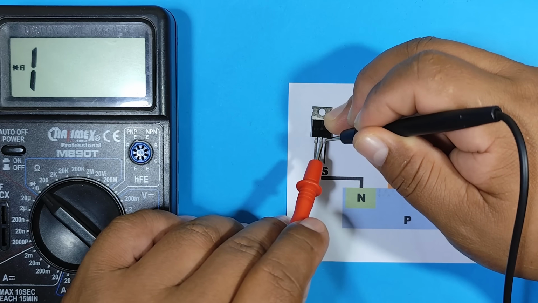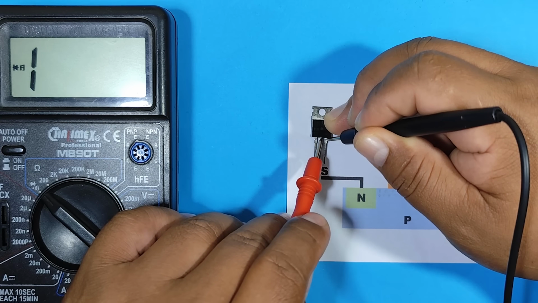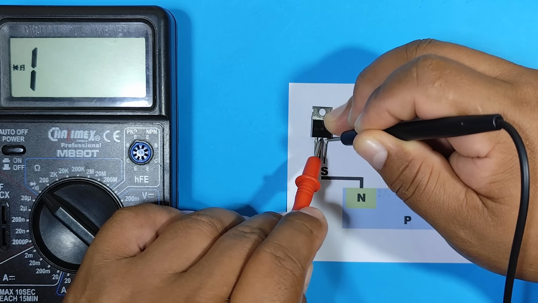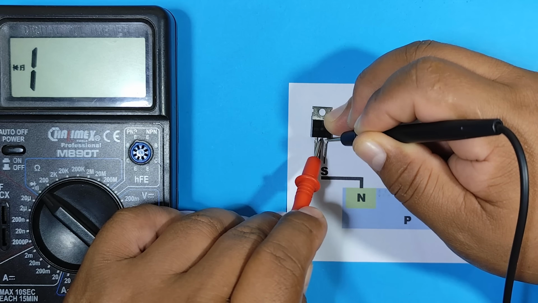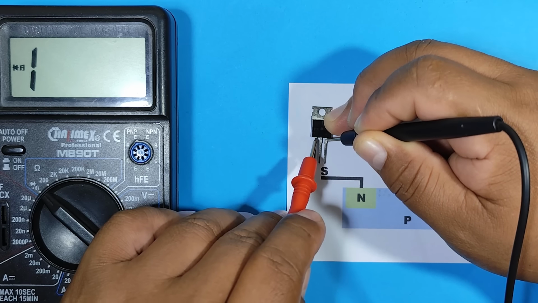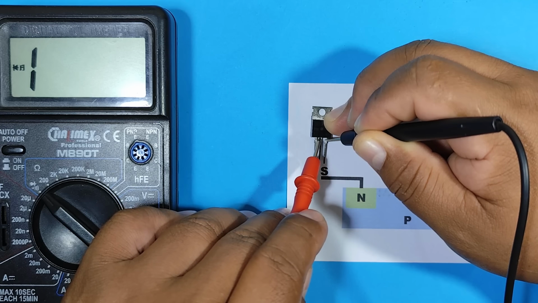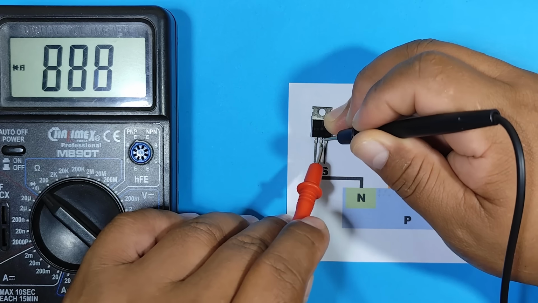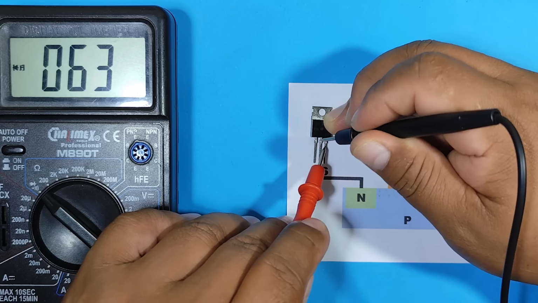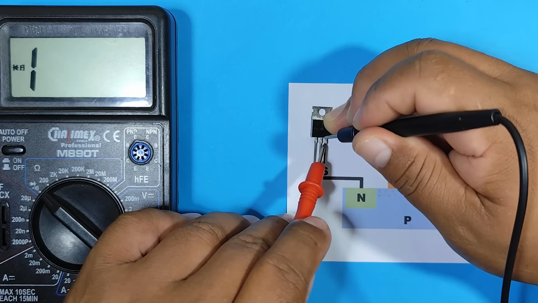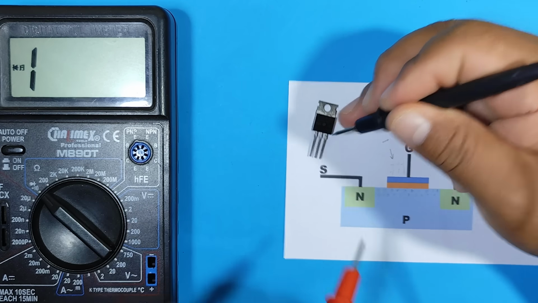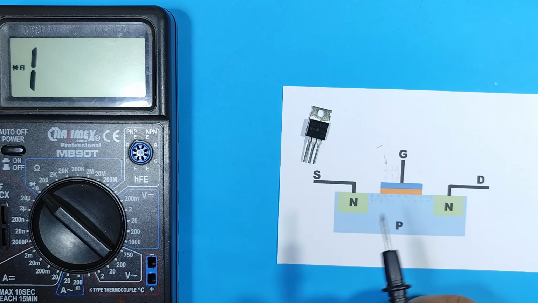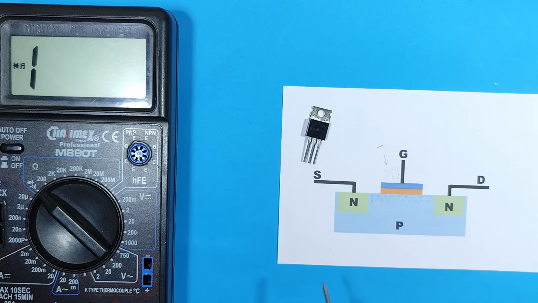And we measure again between the drain and the source, and we will no longer have the path or channel. To recreate the path, we apply positive voltage to the gate, and we verify if the channel has formed. And in this way, the transistor works. That is, it can latch.